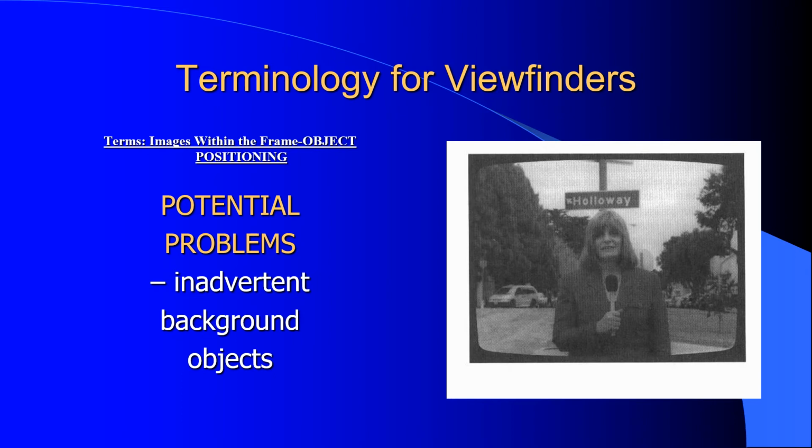There are other things that could have maybe a pole that goes through her head. So you have to look at these things and you have to see what's in the background, and does this object in the background create an image that either makes the viewer uncomfortable or might become comical.